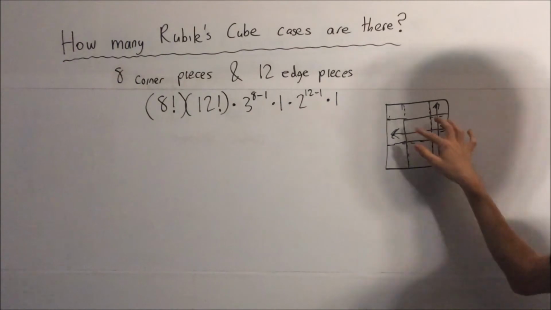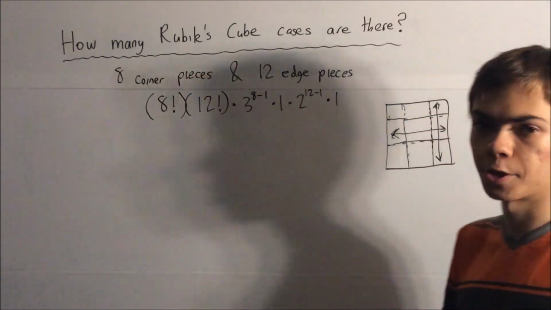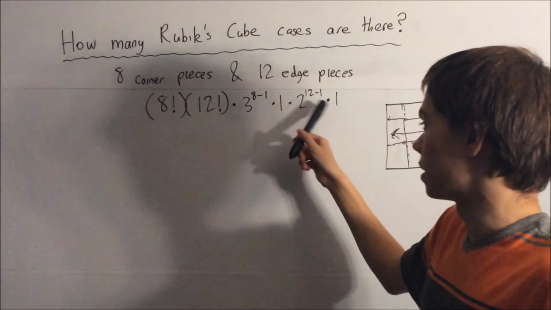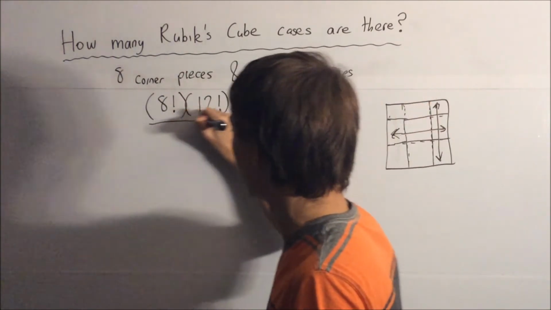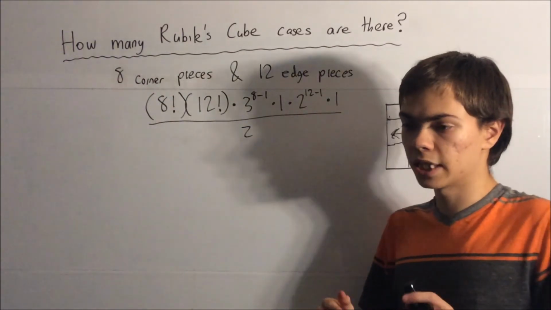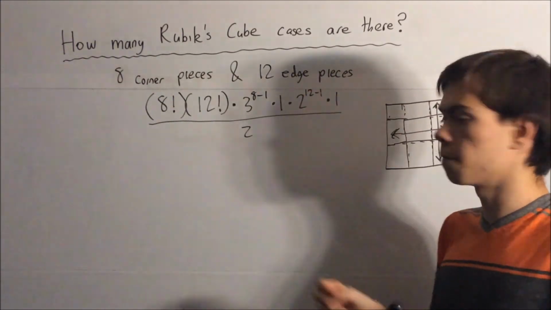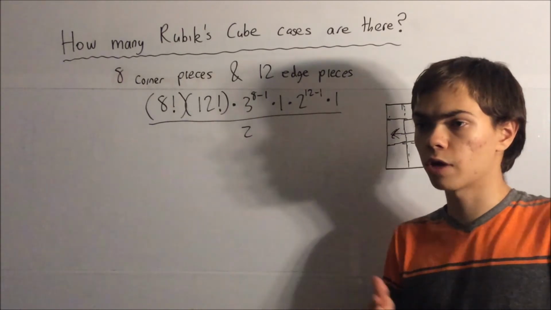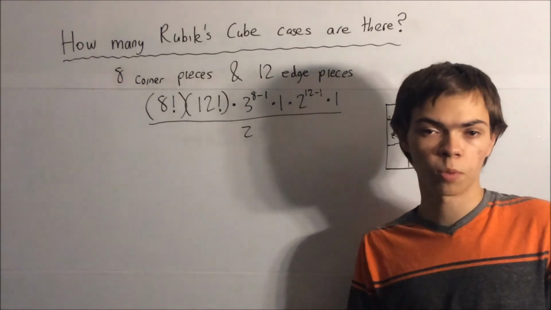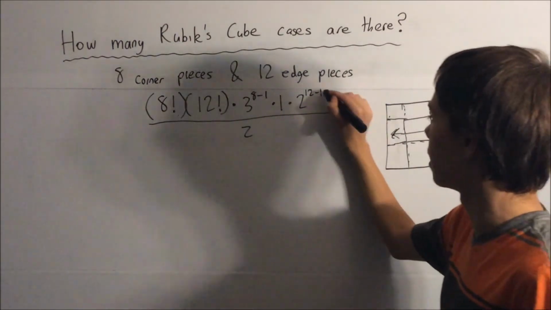And this is actually known as Perm. It's one of the last steps in solving the Rubik's Cube that you can know. And so this is basically what we have. We are dividing by 2 because half of all the cases in here involve an even number of swaps, and the other half involve an odd number of swaps. And so half of the cases are solvable, half of them are not solvable.